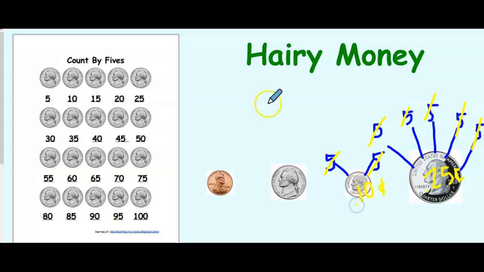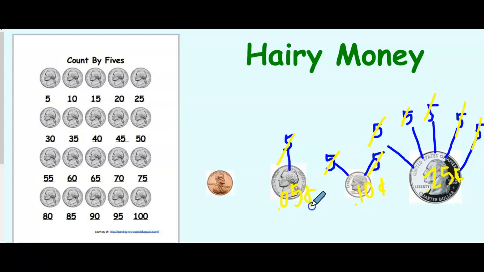Great job, boys and girls. Can you remember how many hairs a nickel has? That's right, a nickel has 1 hair. So if we write a 5 at the top and we count that 5, how much is a nickel worth again? That's right, just 5 cents.